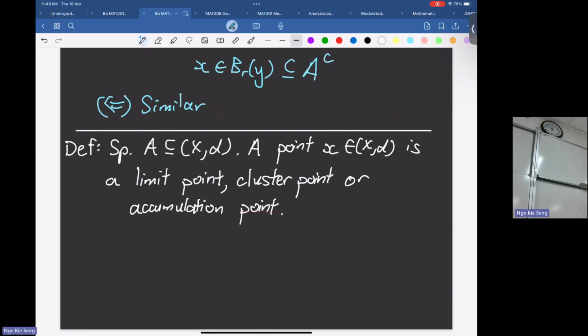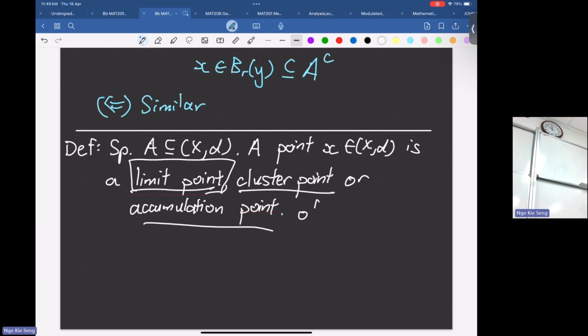But sometimes you need to be a bit careful. I made a remark here. Cluster point, accumulation point, limit point, in certain literature, maybe very old literature, have slightly different meanings. So you need to be a little bit careful. But here, we just regard them as the same for now. But I think I will always use limit point of A, if every open ball, using open ball again.